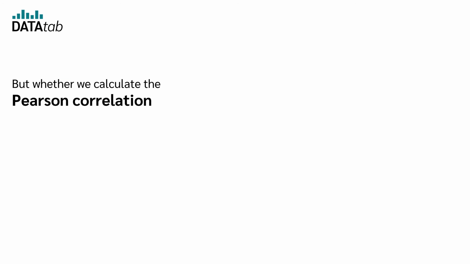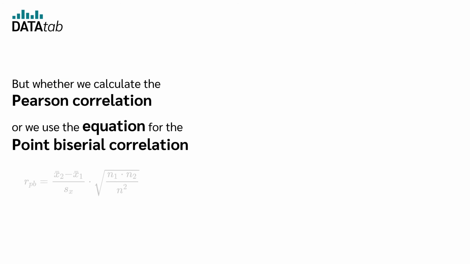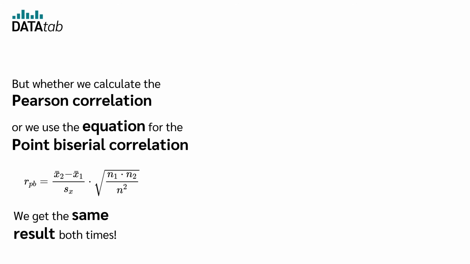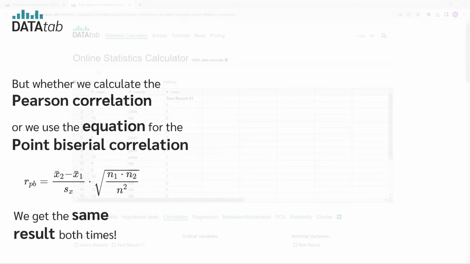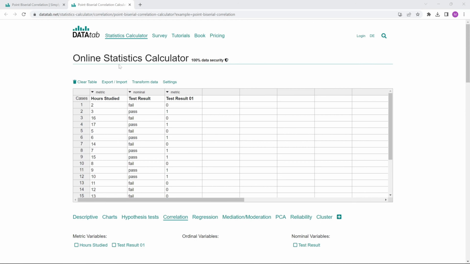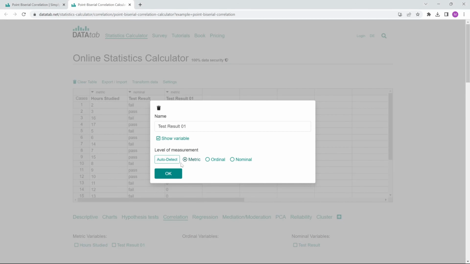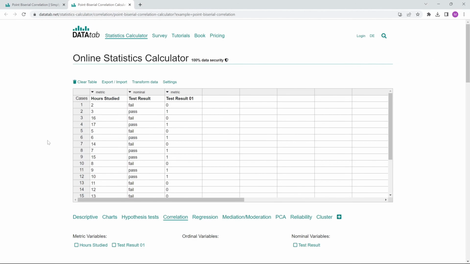But whether we calculate the Pearson correlation or we use the equation for the point biserial correlation, we get the same result both times. Let's take a quick look at this in DataTab. Here we have the learning hours, the test result with passed and failed, and there the test result with 0 and 1. We define the test result with 0 and 1 as metric.